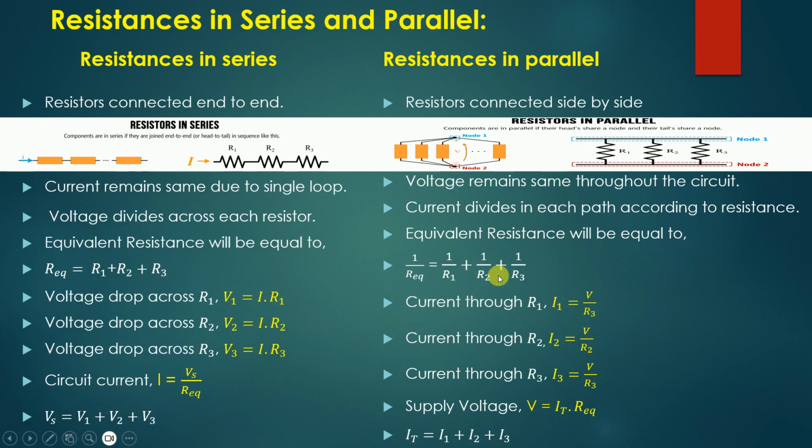Now, this is the formula to find the equivalent resistance or total resistance in a parallel circuit. Equivalent resistance is also called the total resistance.